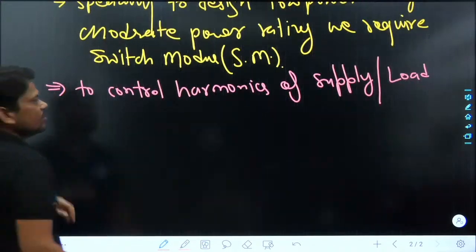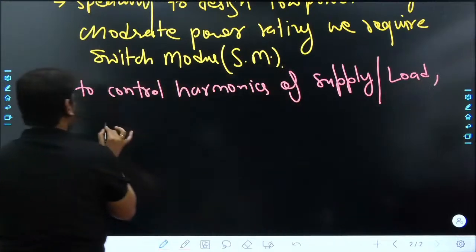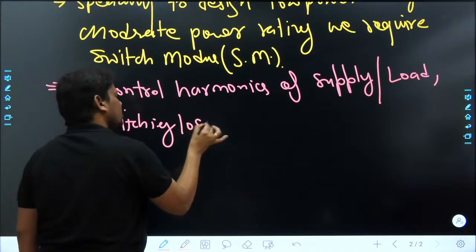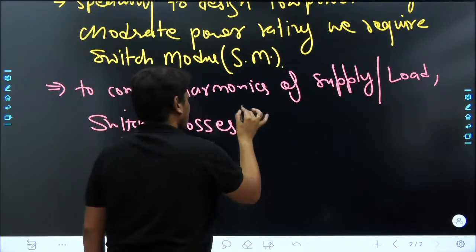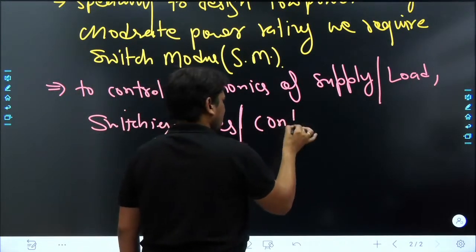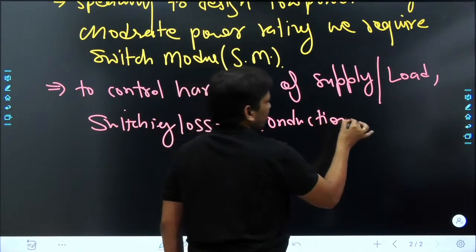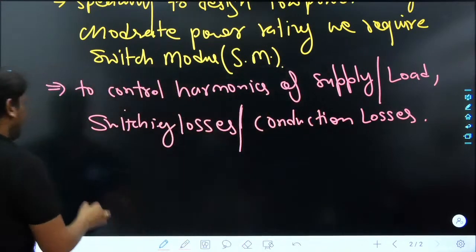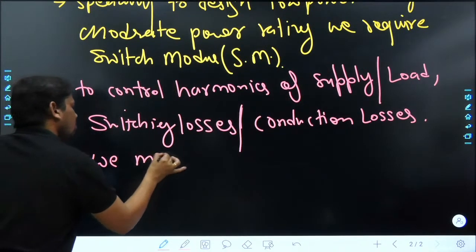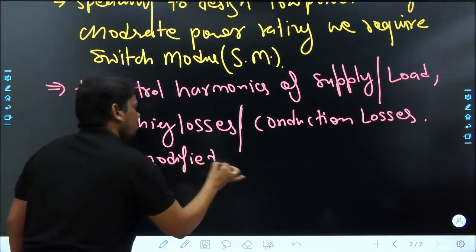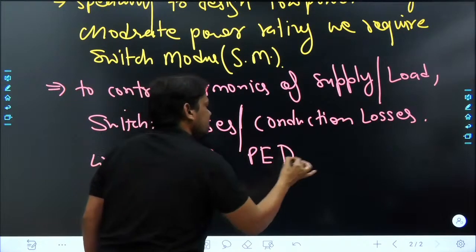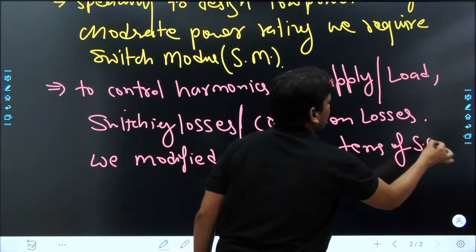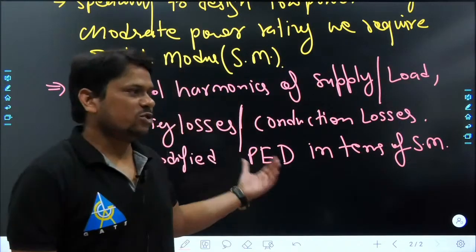And switching losses or controlling losses, conduction losses, we modify power electronic devices in terms of switch module. So now these are a few points you have to keep in mind.